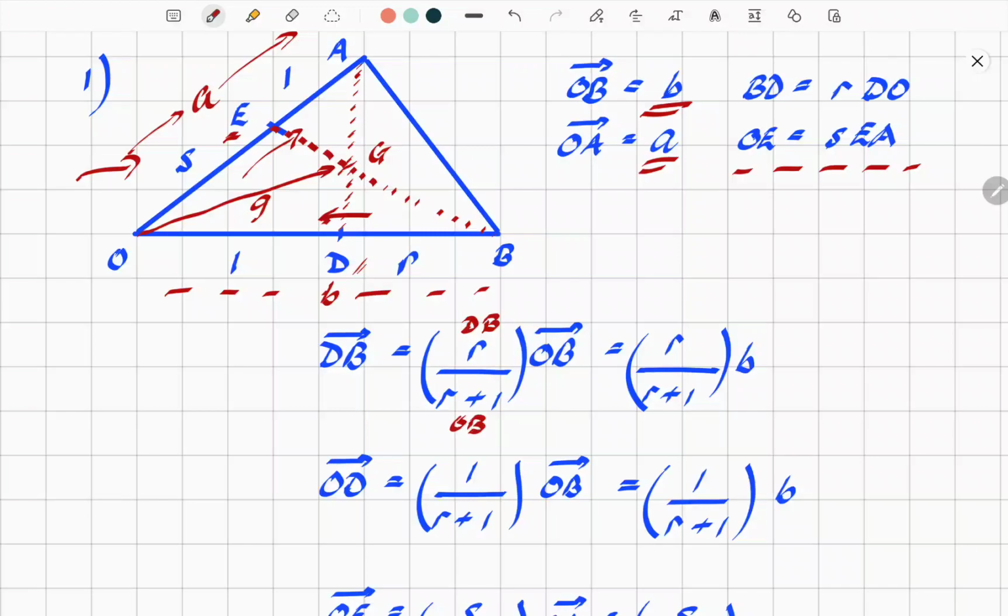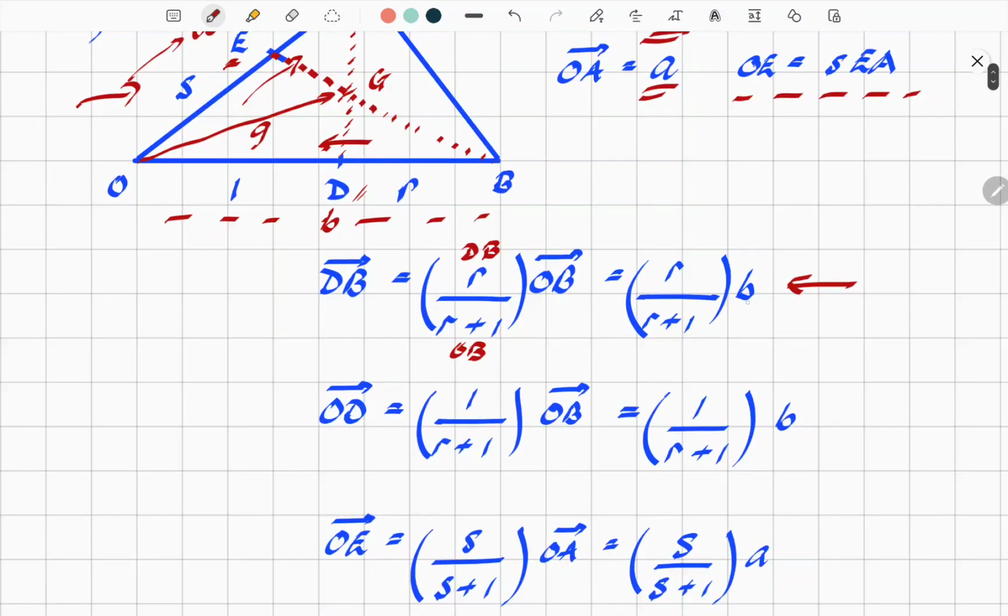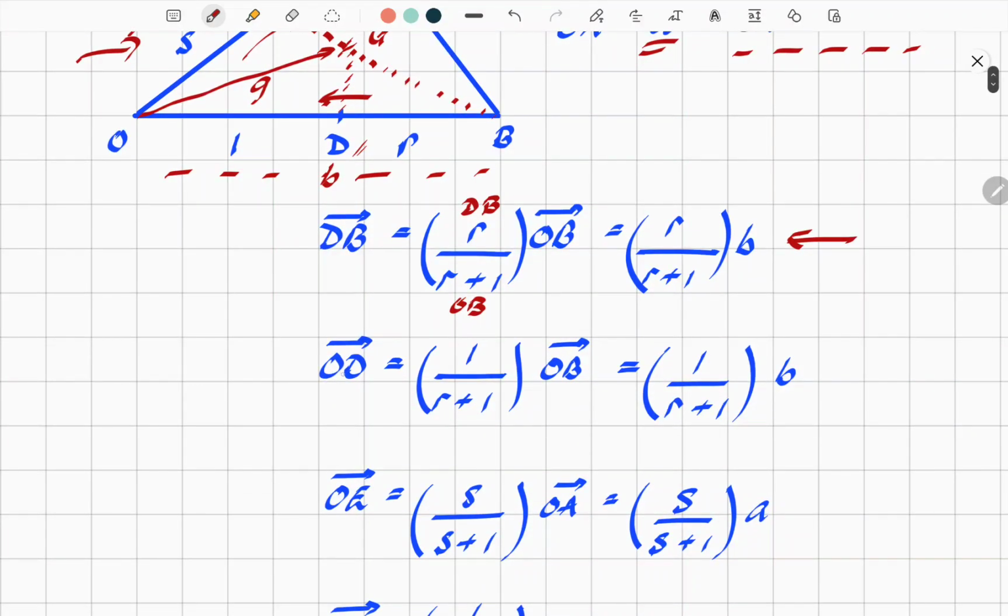So that simplifies to R over R plus 1 times the vector B. When I'm using the small letters, I'm not going to use any underscript or overscript. Just A and B are vectors. So OD, therefore, must be 1 over R plus 1 times B.